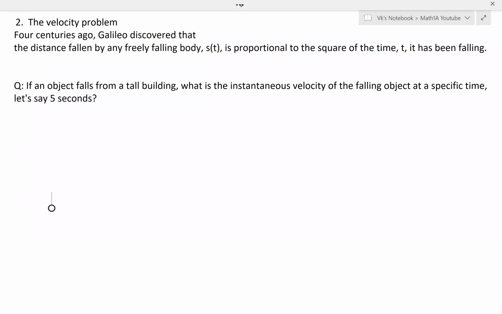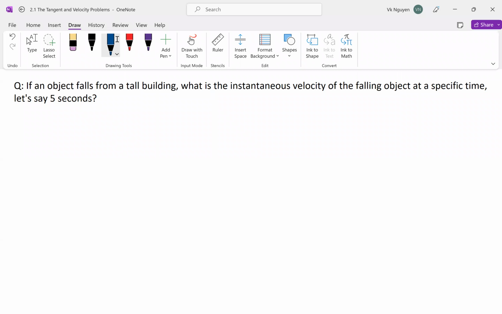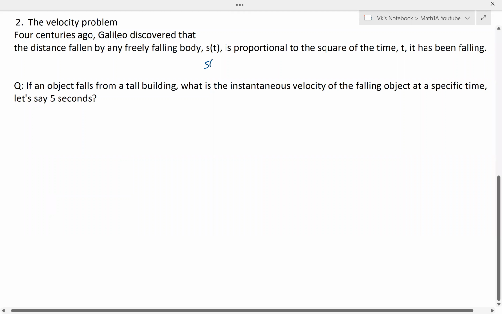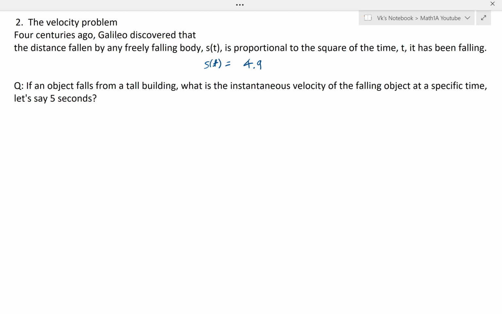We can represent this by a function: s(t) = 4.9t², where t² is the time squared. The number 4.9 comes from gravity. Once we get to a later chapter, you will be able to come up with this number, 4.9.